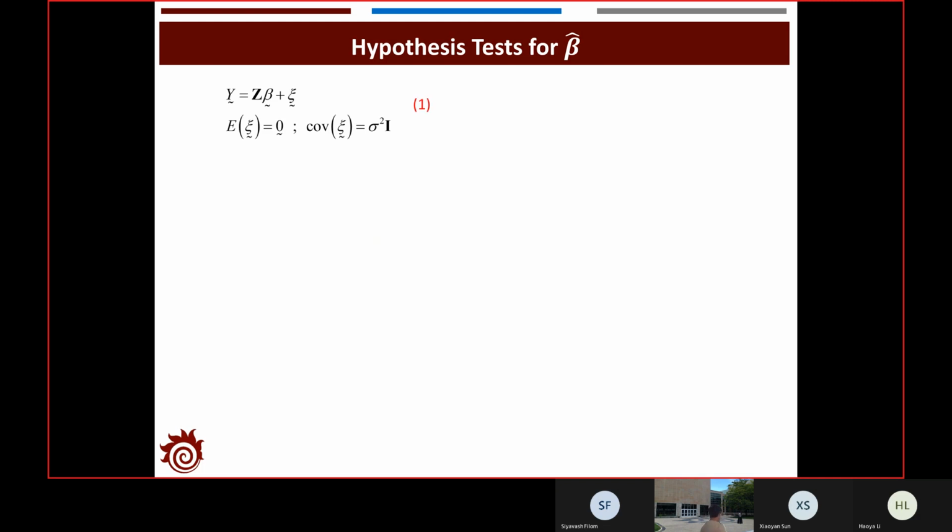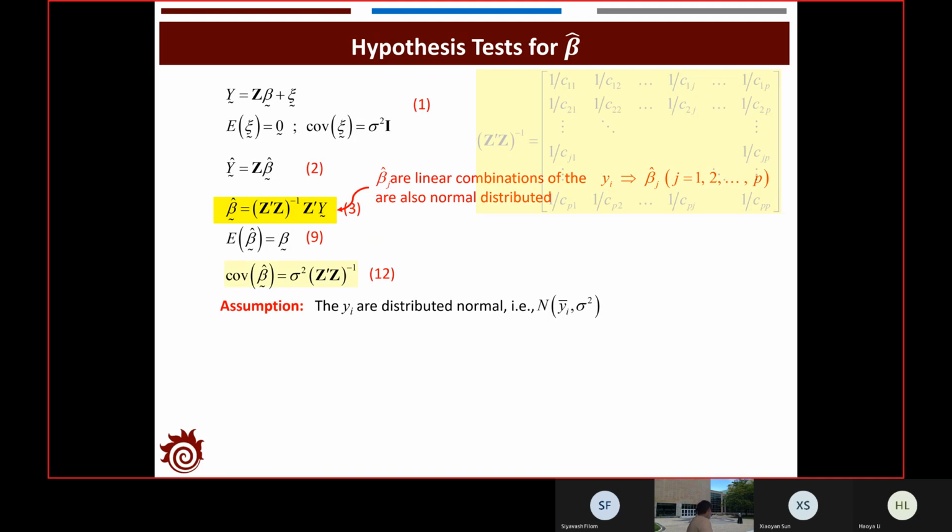So to do the hypothesis test, we need to recall all the features, the properties of the regression model we have derived previously. So these would be the properties we derived.